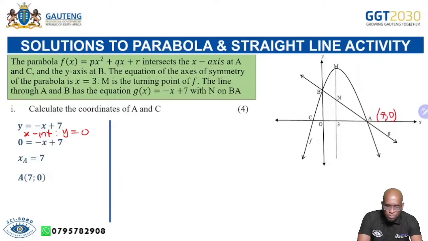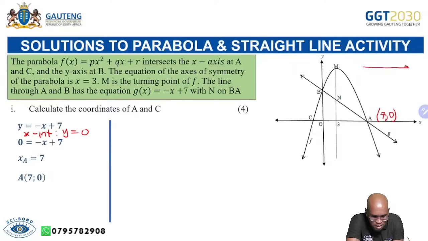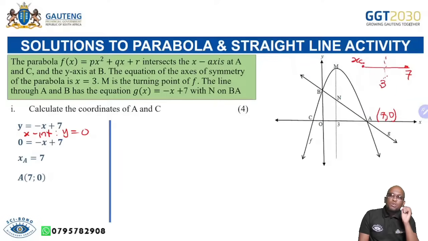All right. Now, if we have 7 here, and we have the axis of symmetry as 3, and we need this point here, that is x at C. All right, we know for a fact that the axis of symmetry is in the middle of the x-intercepts. So it is referred to as the midpoint of the x-intercepts, right?